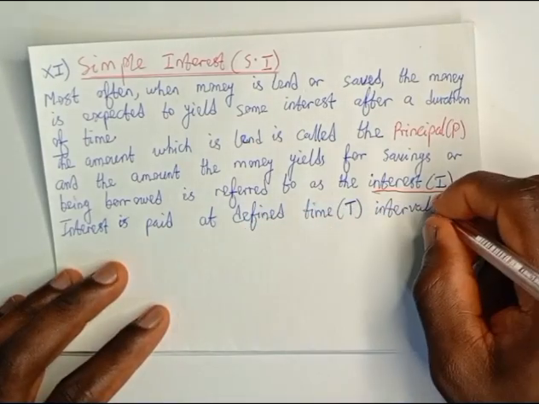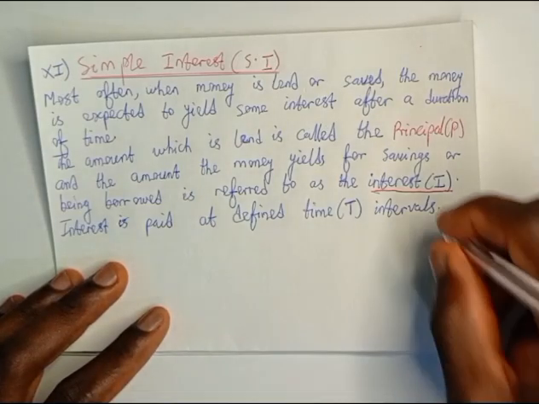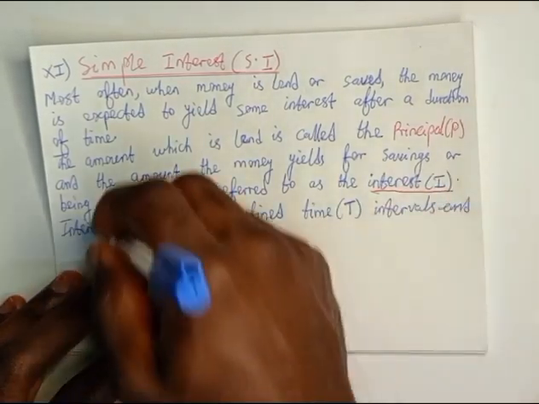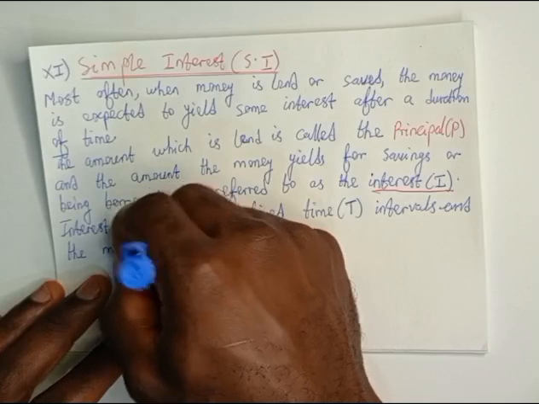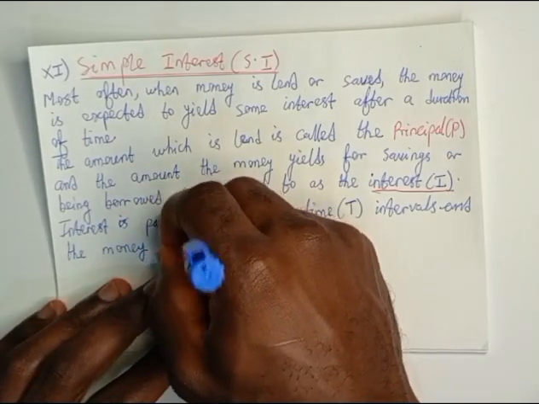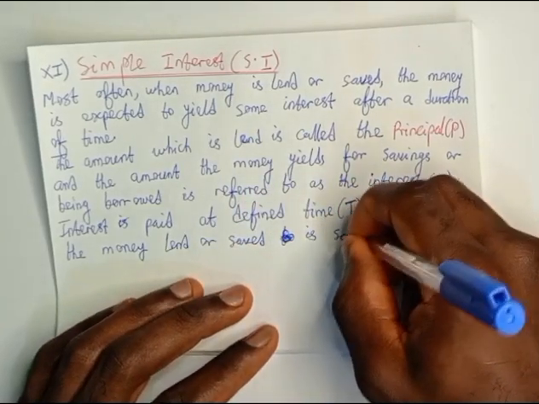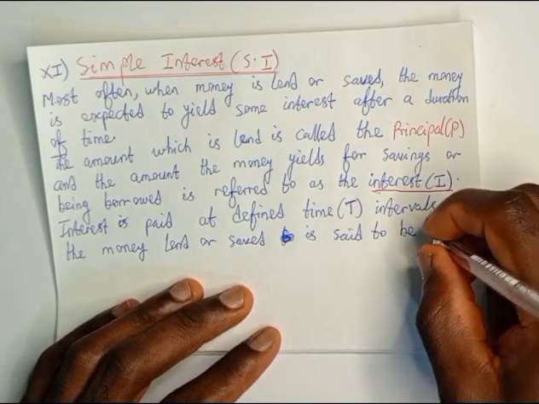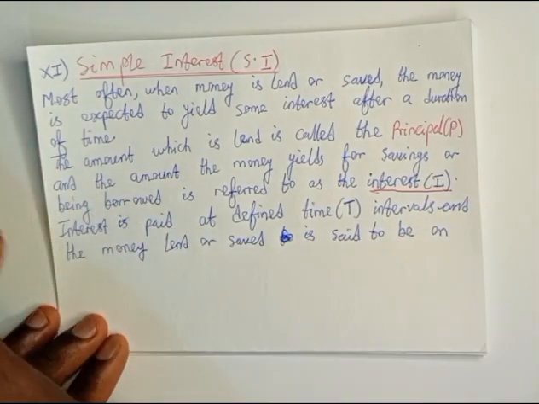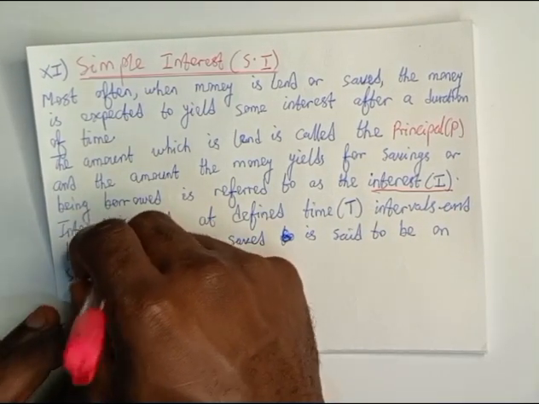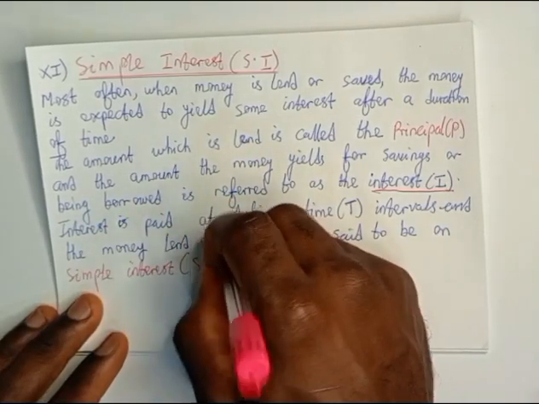That means it might be monthly or yearly or weekly, and the money lent or saved is said to be on simple interest, which is known as SI.